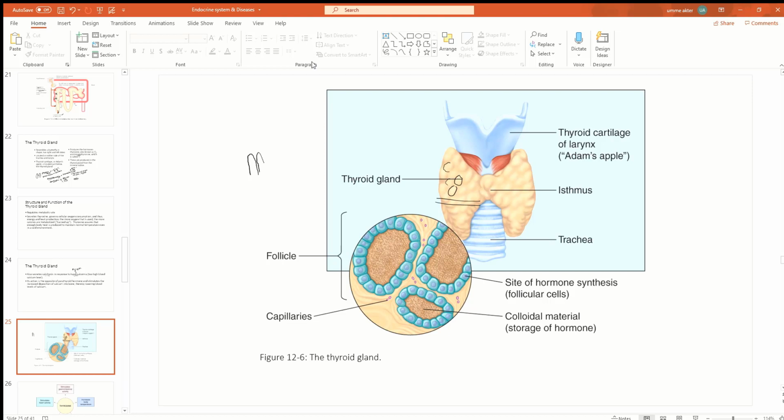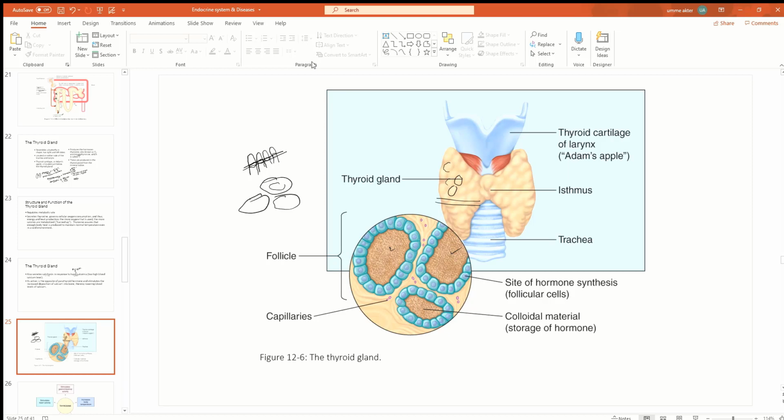These are called the follicles. Okay, so many follicles inside the thyroid gland. So now if I make a slice and see under the microscope, I'll see the follicles like this, round, right? So this is what you see here. So these are the follicles.